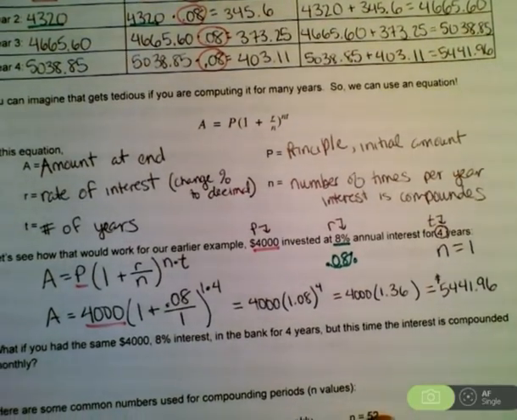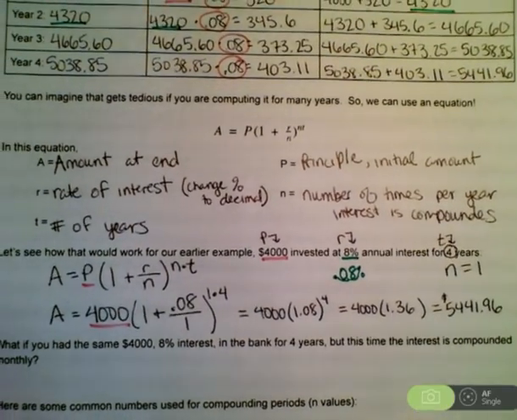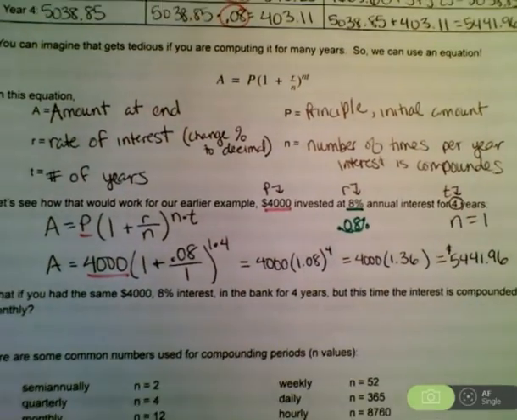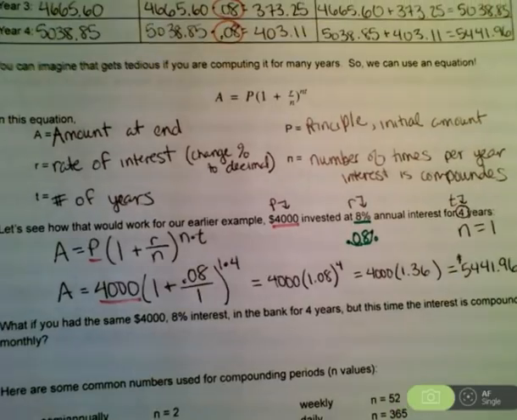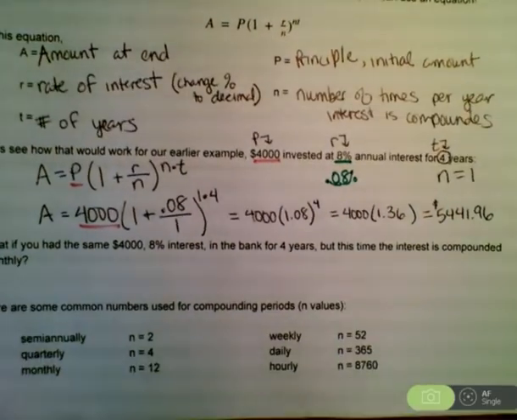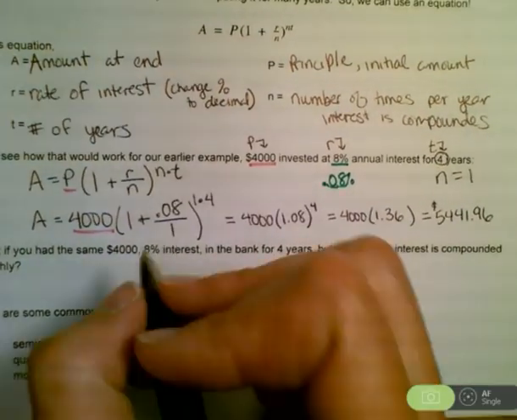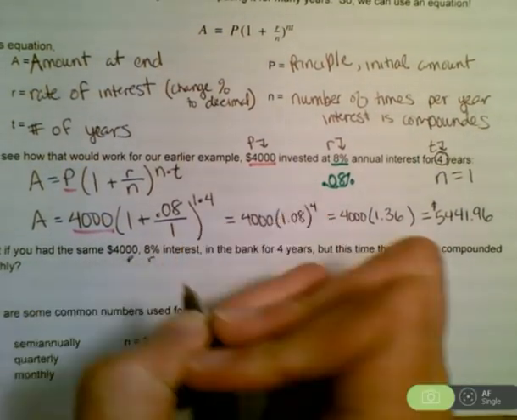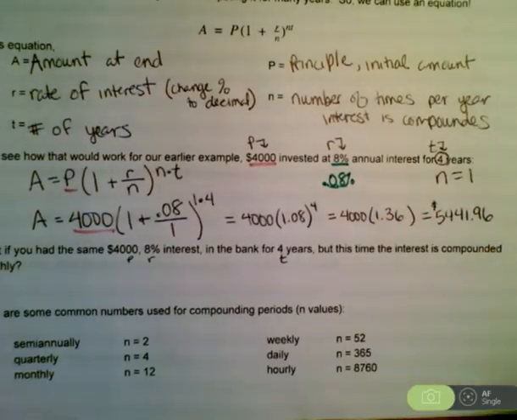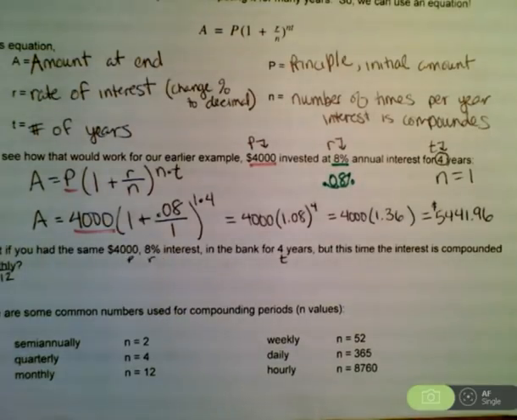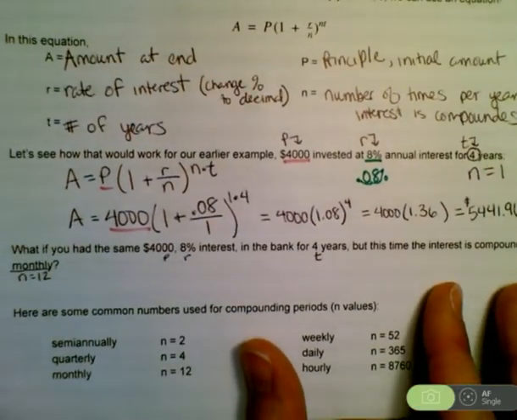So if we just take this and we change it a little bit, if you look at the next question, same $4,000, same 8% interest in the bank for 4 years, but this time our interest is compounded monthly. So our P is still 4,000, our R is still 8%, our T is still 4, but monthly means our N this time is going to be 12.